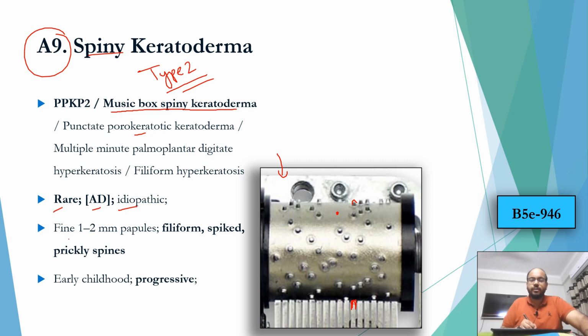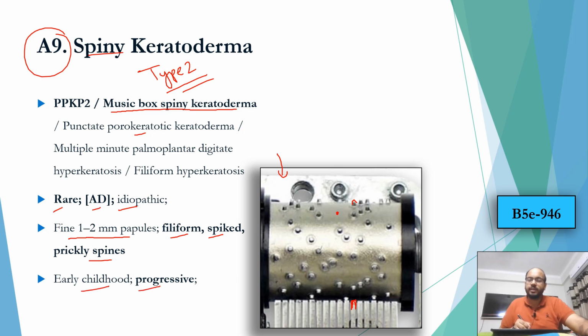It has fine 1 to 2 millimeter papules, which are filiform, spiked, prickly spines. That means this kind of spinous projections are present. So in type 1 punctata, you have depressions or crateriform thickening of the papular areas. But in spiny keratoderma, they're sharper. Okay, they are more filiform, like hair.